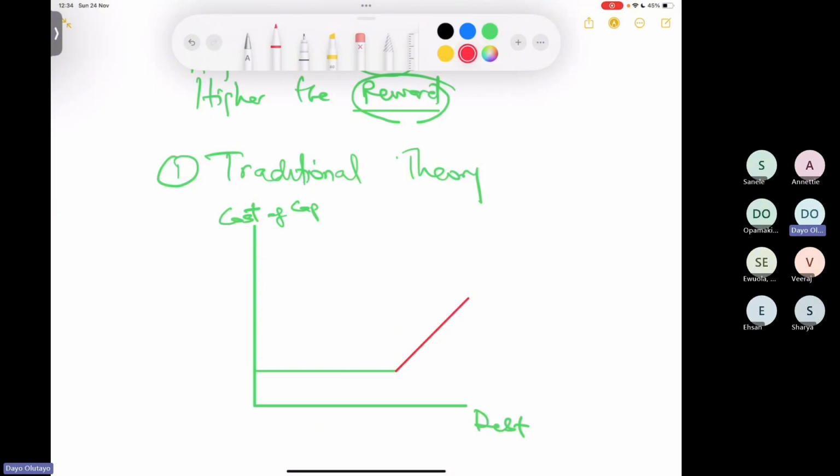The same guys looked at, okay, what will be the impact on cost of equity? Definitely, because shareholders don't like debt. Because every time you collect debt, you pay interest before you pay dividend. And likewise, if there's by any means liquidation of the company, shareholders might not even be able to get anything from the company because everything will be used to settle the debt owed as well.